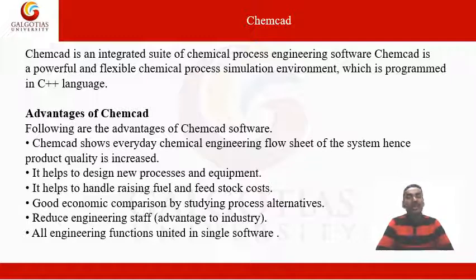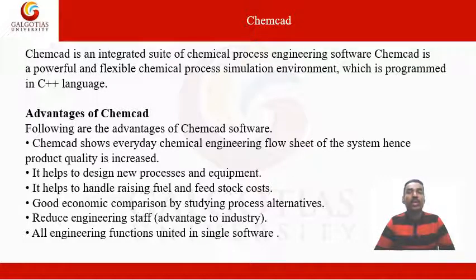The advantages of ChemCAD are the following. First, it shows the chemical engineering flow sheets of the system every day, hence the product quality is increased. It helps to design new processes and equipment.